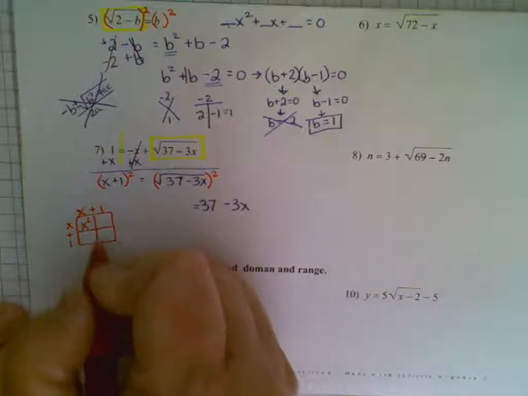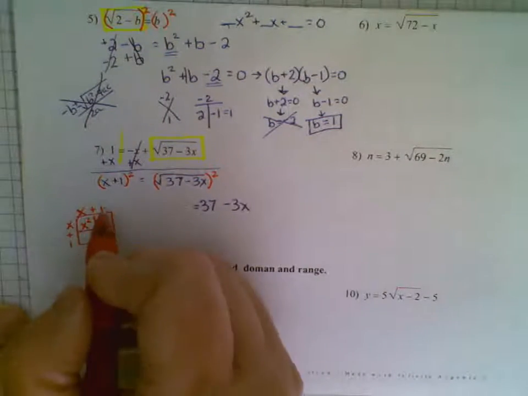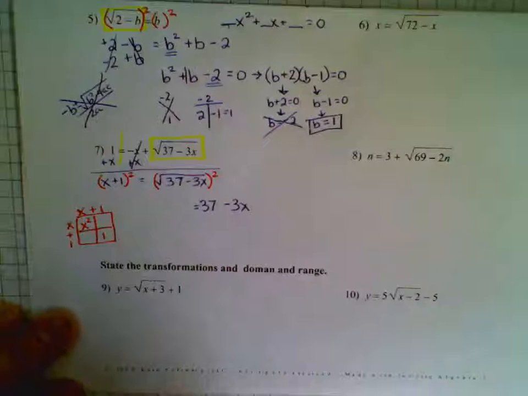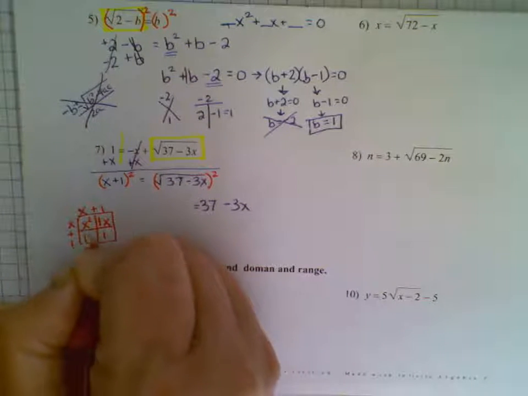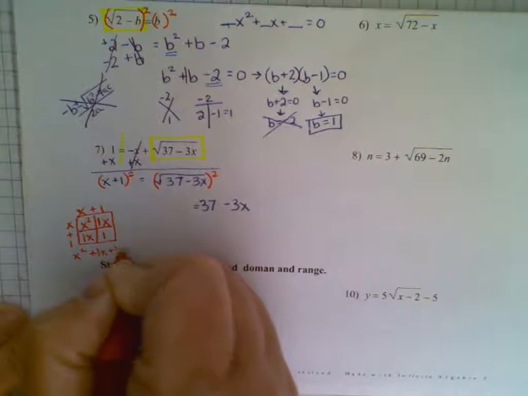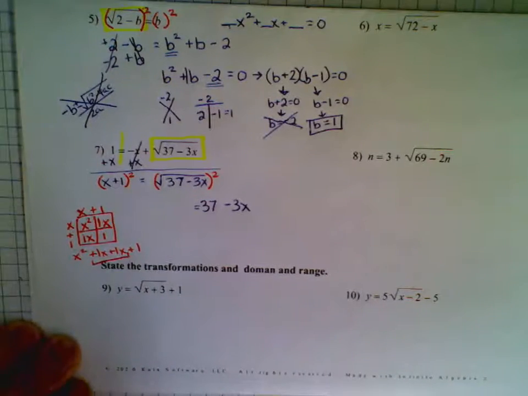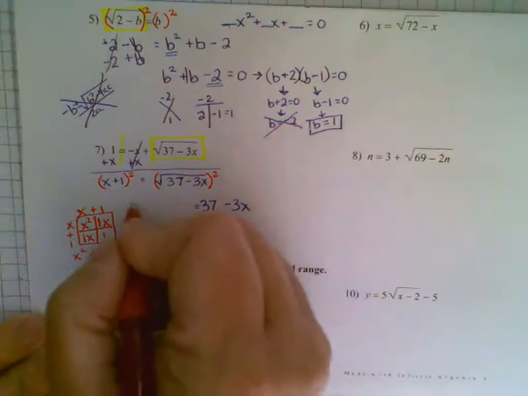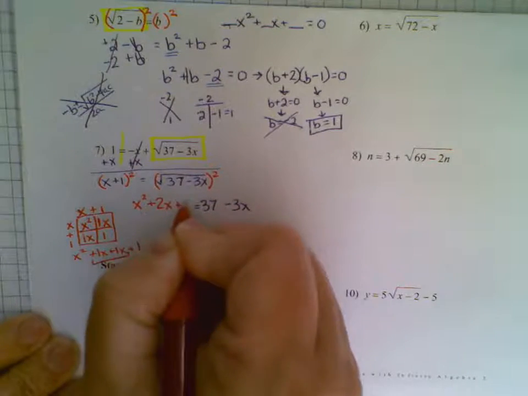And the 1 multiplies by the 1 and gives you a 1. But you also have x times 1 and 1 times x. Each of those give you a 1x. So I have x squared plus 1x plus 1x plus 1. But then we can combine these. We have 1x plus 1x. That's 2x. So I'm going to have x squared plus 2x plus 1.